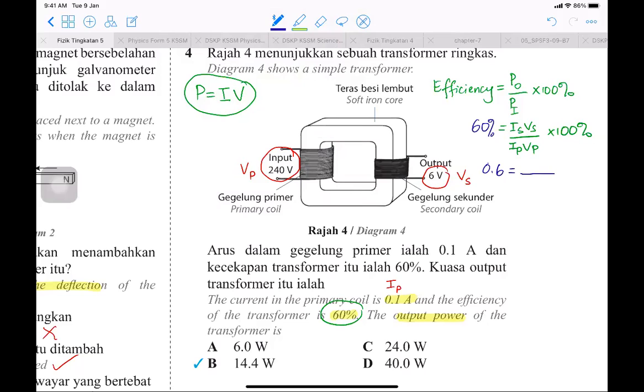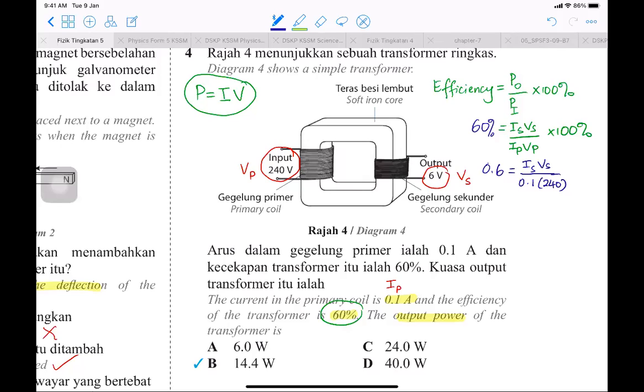This one dia punya input power dia ialah 0.1 you multiply with 240. Yang di atas is, I leave this one sejak begini.